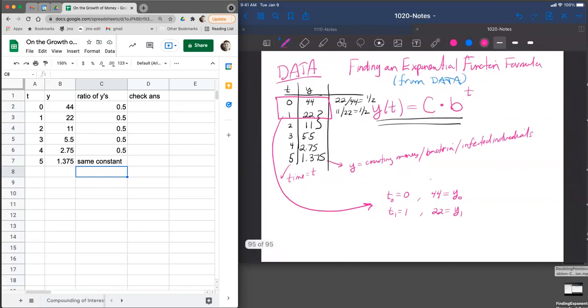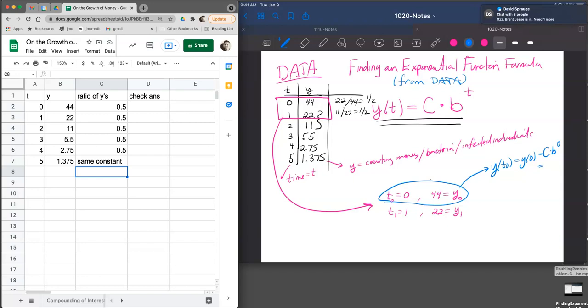When you take your first data point and plug it into the function, y evaluated at time 0, you get c times b to the 0. B to the 0 is 1.